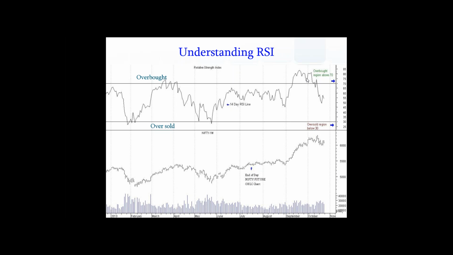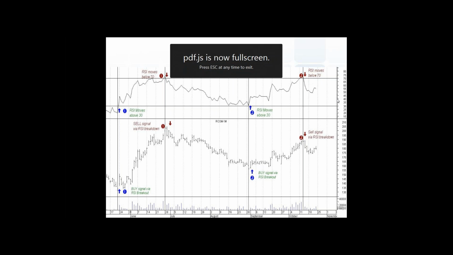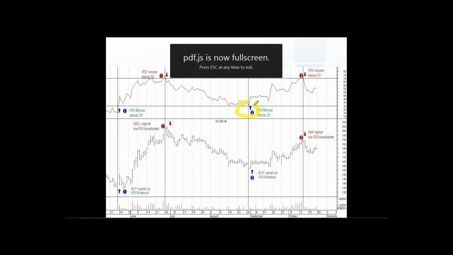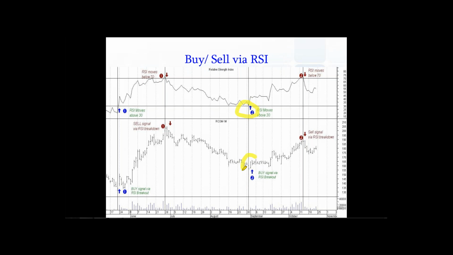So RSI, as we were discussing, is an indicator which moves from 0 to 100. When the RSI is below 30, the stock is known as oversold. Whenever it is above 70, it is known as overbought. Now let me show you how you can generate buy and sell signals using RSI. Whenever RSI moves above 30, as you can see out here, it gives a buy signal.